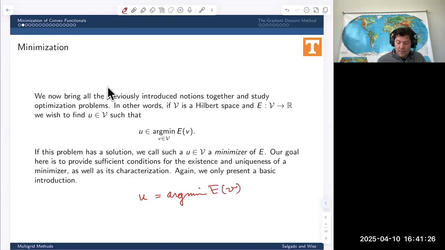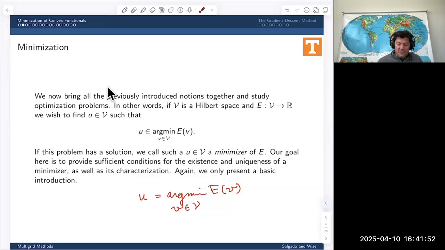E(v) for v in the Hilbert space. You don't need to put a dressing on that. So the way this reads is the argument that achieves the minimum for this. And if it's unique, we're going to drop this inclusion here and simply say equals.